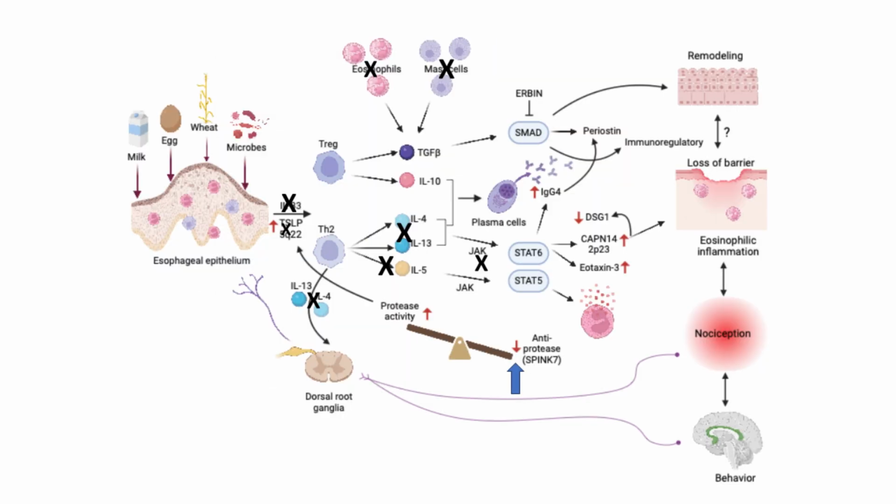These are some of the pathways that I've described today. The complex but now well understood pathways that lead to tissue remodeling, loss of barrier function, eosinophil inflammation, nociception, which is the sensory arm triggered by various stimulants that modify the inflammation, but also patient behavior.